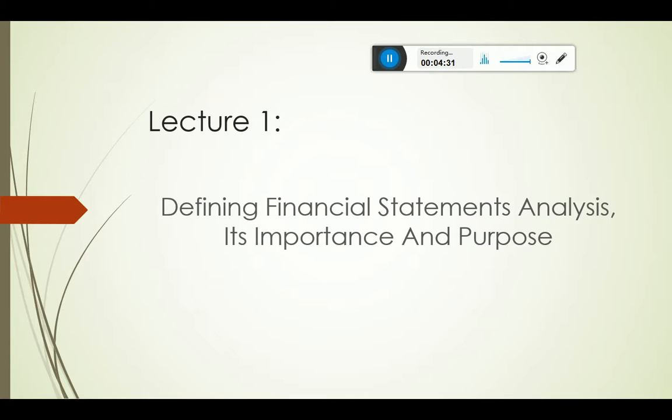Before we define the phrase financial statements analysis, in order to better understand the definition of this phrase, which consists of three words, we have to put apart all these three words and understand the meaning of all these three words separately. Then we'll put them together, and then we'll see when these words are put together, what do they mean, right?